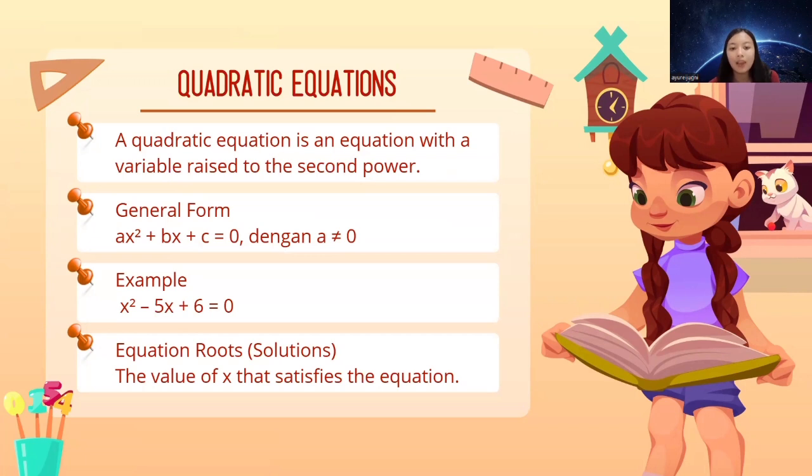For example, x squared minus 5x plus 6 equals 0. The solutions of the equation are called roots. Please observe the example carefully and try to think about what number can satisfy the equation. You can write your answer in the comment section below.